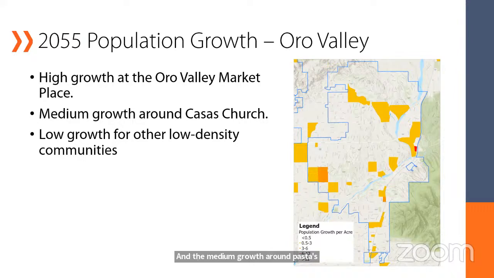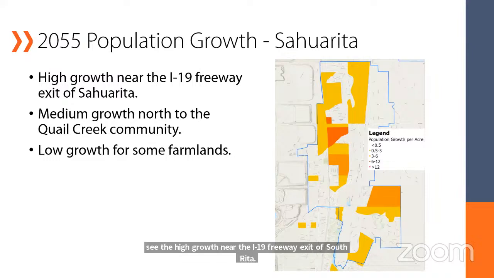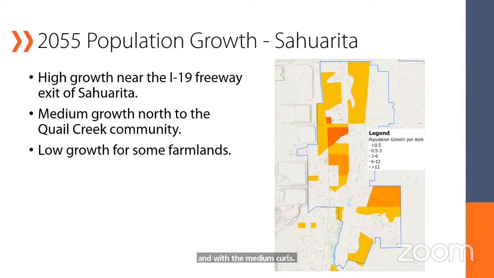We also see low growth for other low density communities. For Sahuarita, we see high growth near the I-19 freeway exit of Sahuarita, medium growth north of the Quail Creek community, and low growth for some of the farmlands right now.